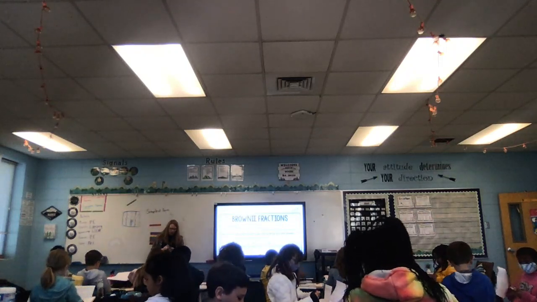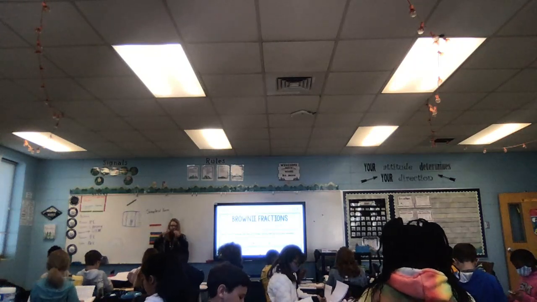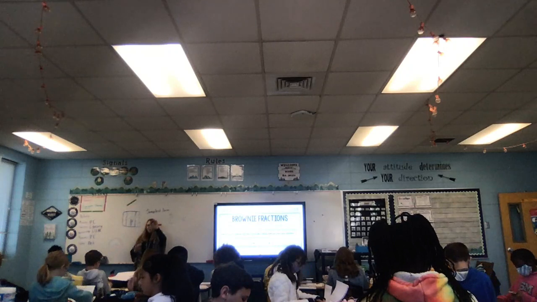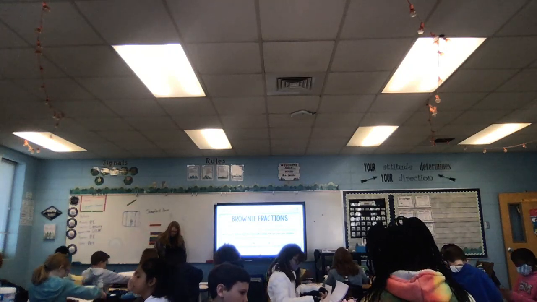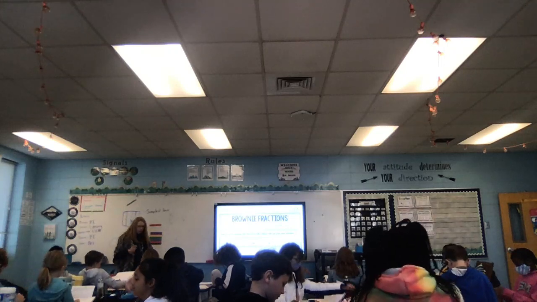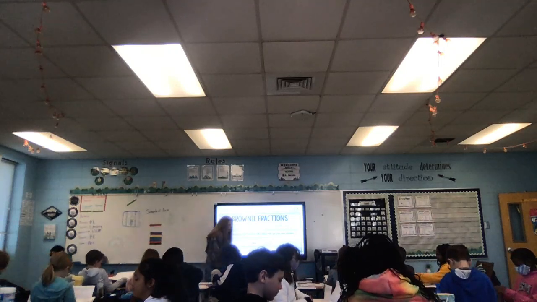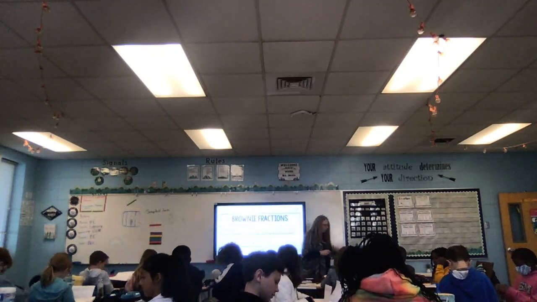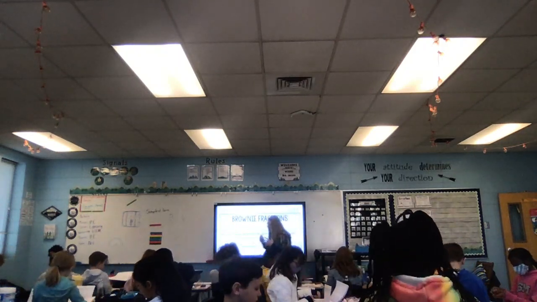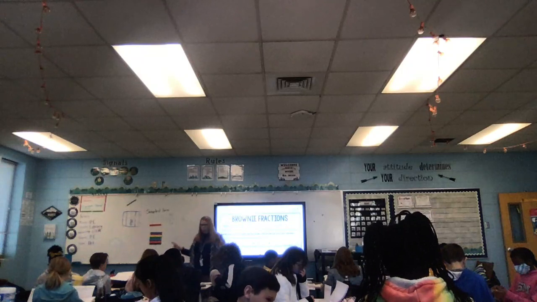So open it up. Let's lay it on your napkin. Okay? So you have your brownie. Lay it down. Now the first thing that we're going to do is make that brownie, even though it's one whole, into 2 wholes.